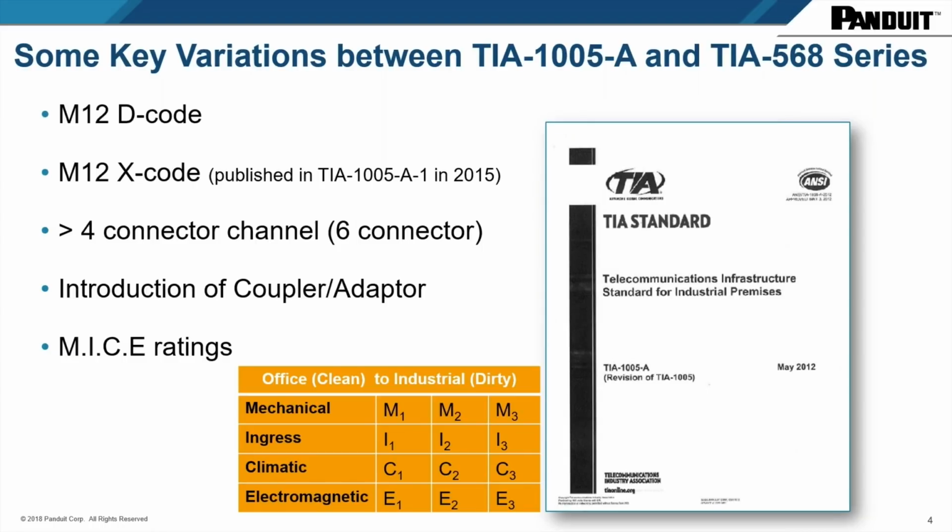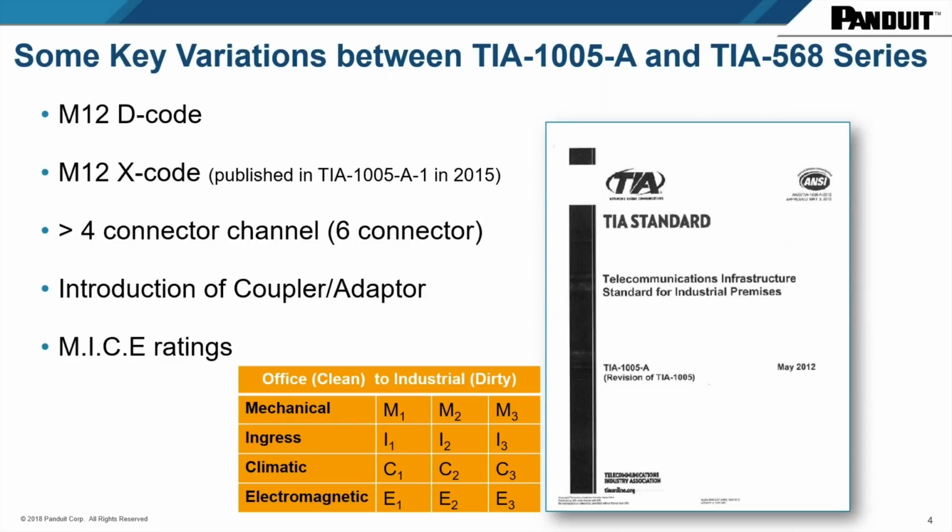This was mentioned in 1005A, and this is an important differentiator between the two standards. So you need to use, for the most part, in factory systems, at the edge devices, those types of connectors, not the RJ45.